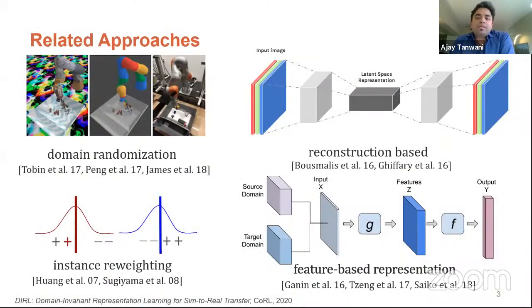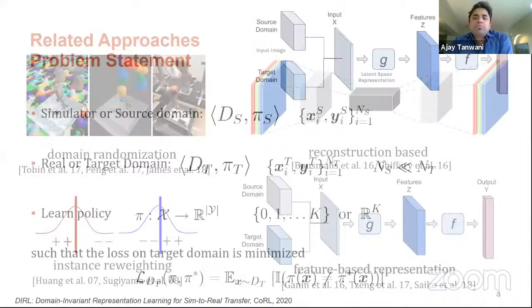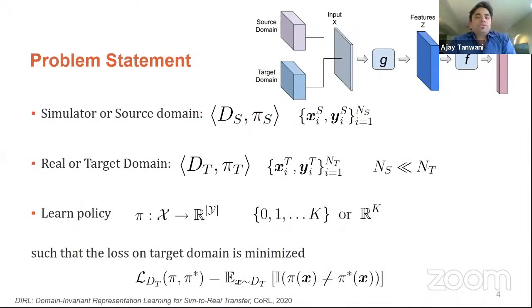In contrast to widely used domain randomization approaches that naively treat the discrepancy between the domains as variability in the simulation parameters, we focus on sample-efficient, feature-based domain adaptation methods to learn invariant feature representations for transferring to a new environment. More formally, we analyze the situation with two domains, one corresponding to the simulator or the source domain, and the other corresponding to the real or target domain.